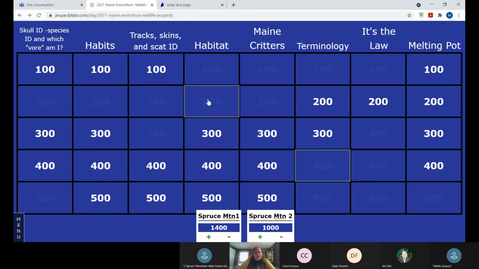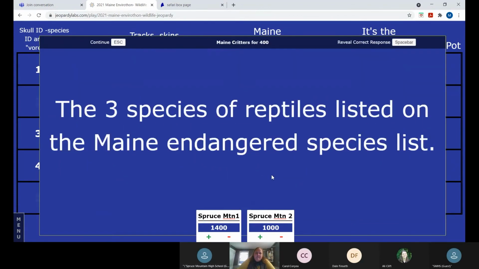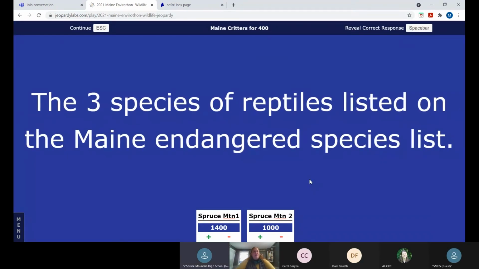All right, Spruce Mountain 2. Maine critters for 400. Okay, so you got to list all 3. Looking for 3 species of reptiles that are on the Maine endangered species list.